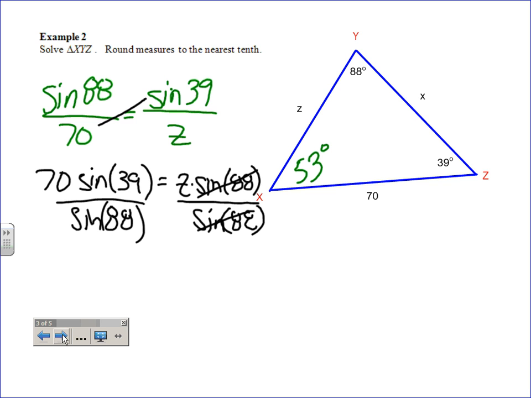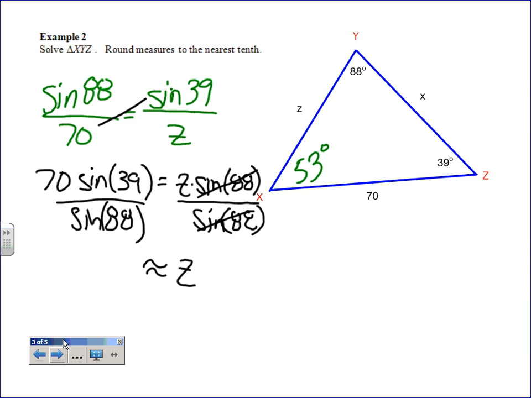And so there's what you need to type in. And did I say to round? Yep, nearest tenth, so we'll put a little approximation there. Why don't you go ahead and try that on your calculator, and we'll see if you get the same thing.